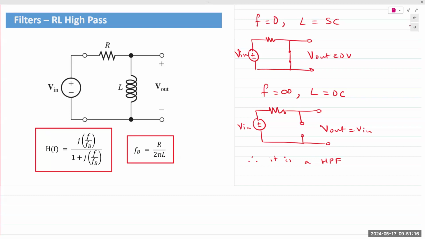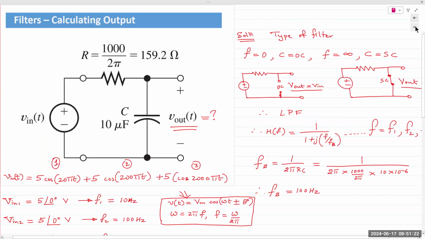Okay. Look at an example problem. We are given a filter circuit, obviously from our previous 4 circuits, we know what this filter might do. But if you wish to analyze this, we can do our quick and easy analysis.